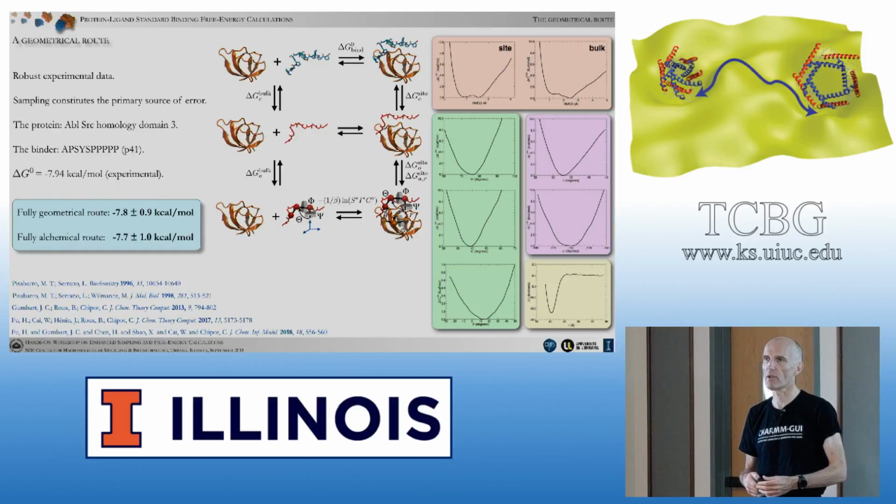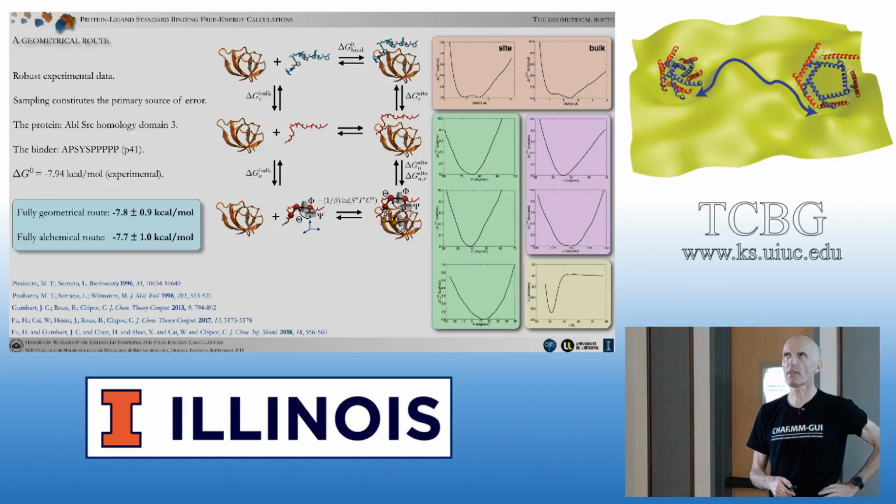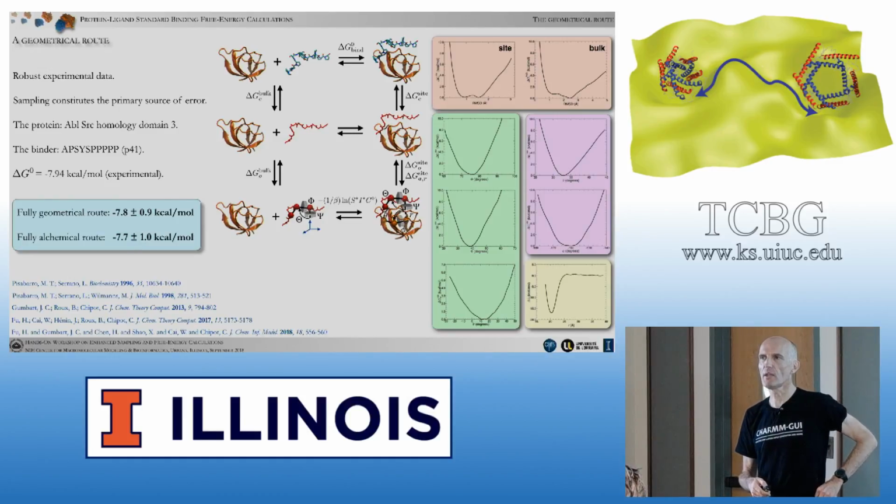So you need to account for that. Yeah, I'm not sure. I think that it would be equally, but it would be more straightforward to do the correct post-treatment, the Poisson-Boltzmann post-treatment, if you do the geometric transformation.